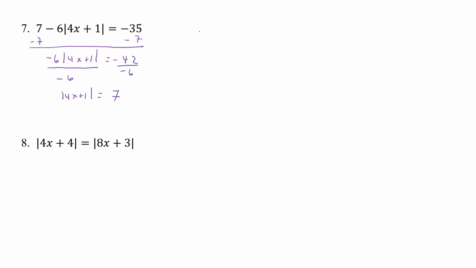Now, at this point, we can drop that absolute value. We can say 4x plus 1 equals 7, or 4x plus 1 equals negative 7. Well, subtract 1. Now we're back to forward PEMDAS. We have 4x equals 7 minus 1 is 6. Divide by 4. x equals 6/4. But we can reduce that. 2 will go into both of these. 2 will go in that 3 times. 2 will go in that 2 times.